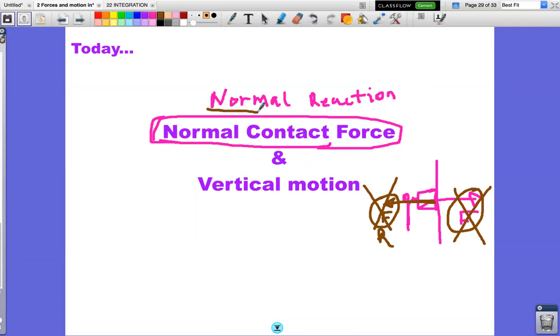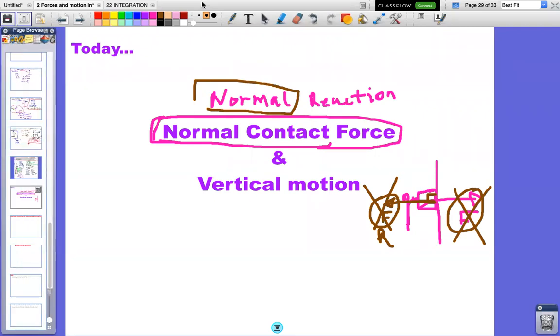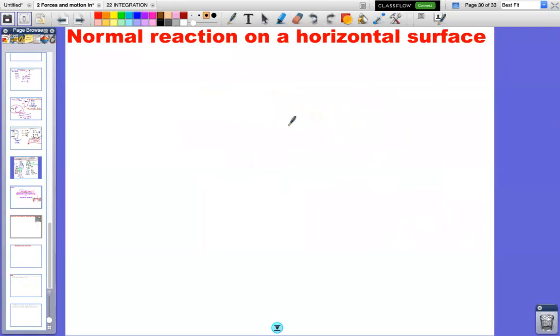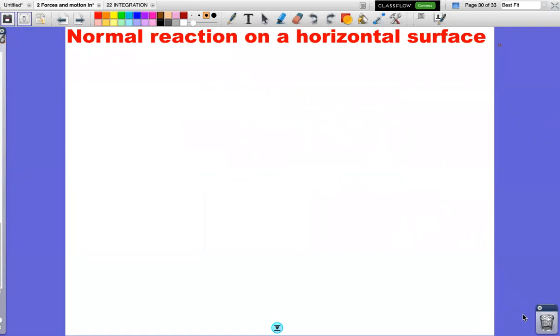Why normal? It is normal because it always acts at 90 degrees to the surfaces in contact. Let's look at the normal contact force for an object that is lying on a horizontal surface.